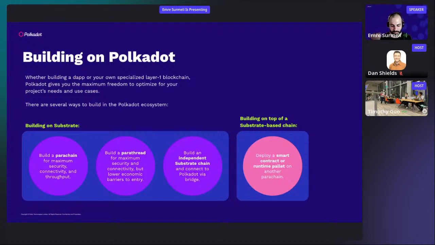Rust is a systems level language that has some really useful error handling, ability to interact with hardware, memory management, ability to do tests. So it has one of the best development environments that I've seen. And Substrate is built on top of that. So building on Substrate, you can build a parachain, and it connects to Polkadot, which is also running on Substrate.